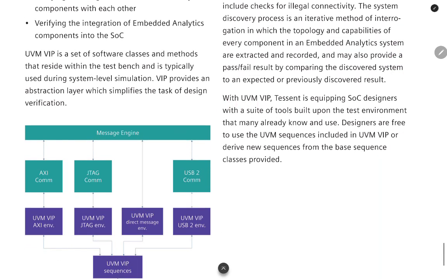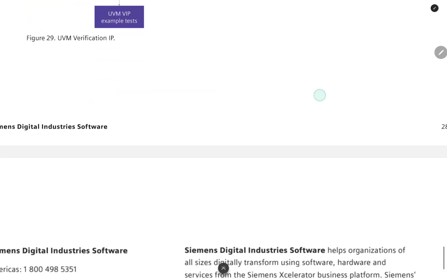So with the UVM VIP, Tessent equips SoC designers with a suite of tools built on a test environment that many already know and use. Designers are free to use UVM sequences, including the UVM VIP, or derive new sequences from the base sequence classes provided.